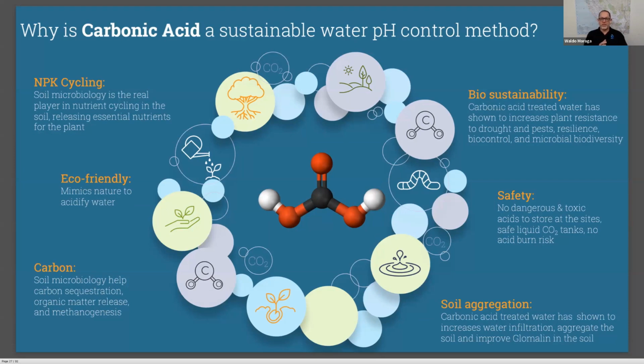It increases plant resistance. We have seen more resilience in the soil and increased microbial diversity, which is going to help the plant fight the different needs that it has. NPK cycle, not only NPK, also micros. The microbiology in the soil helps make all these nutrients more available.